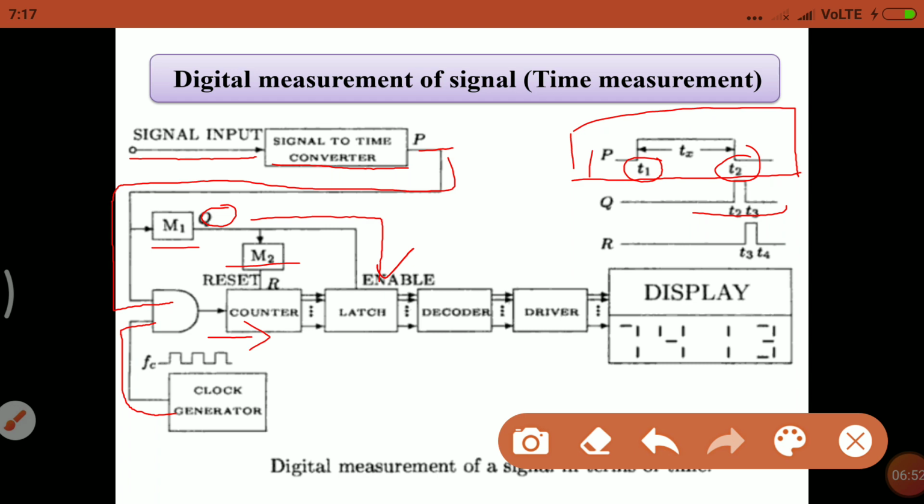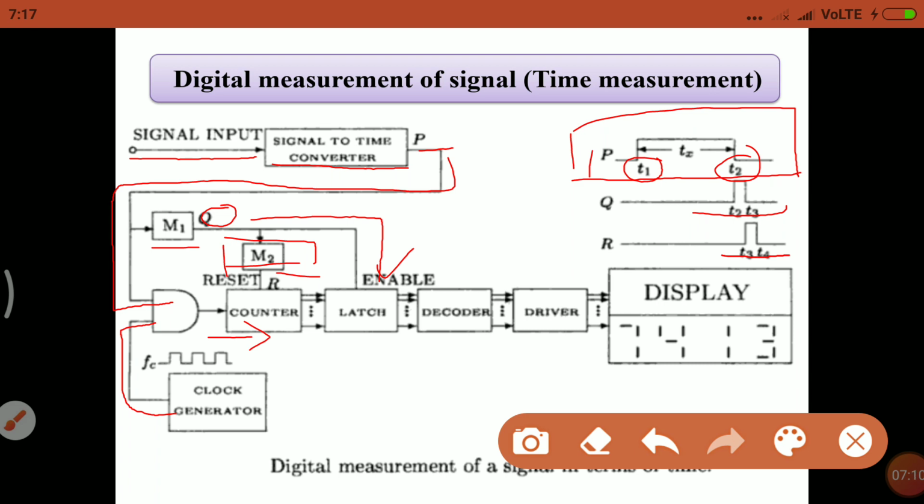Now to reset the counter we require one more monostable multivibrator. So this is M2, the second monostable multivibrator. This M2 also generates a narrow pulse between time T3 to T4.